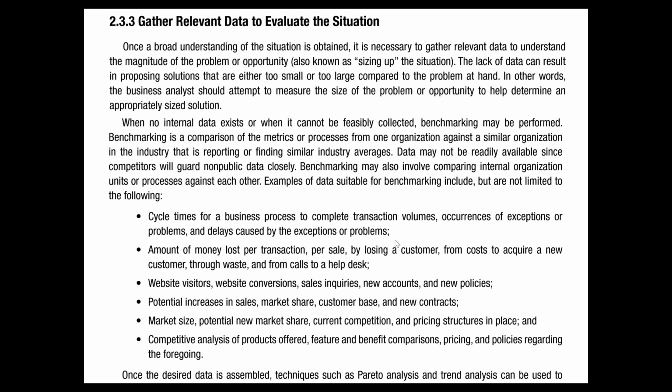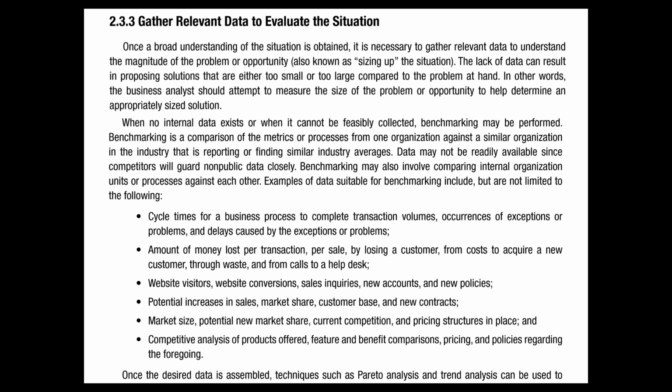So you can measure these things. These are physical measures. How much time do you take in completing a business process or a transaction? How many exceptions are occurring in a problem? And how much delay is being caused? So you measure yours and compare them with others.